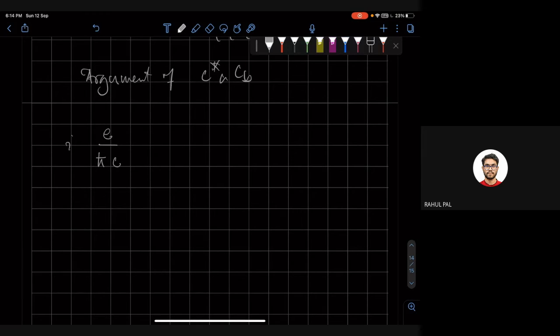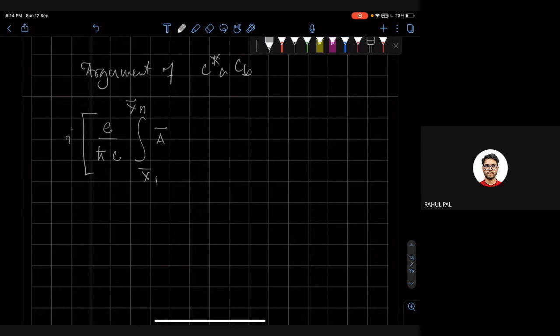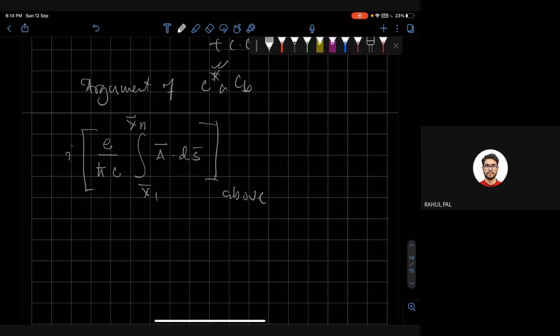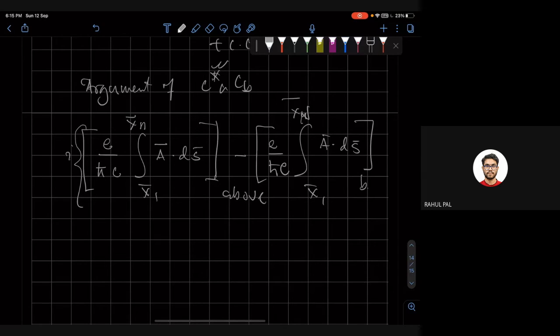Well, there'll be an i here, and then inside there'll be an integral from x1 to xn, and A would be given by above. And because of the complex conjugation, there will be a minus sign here, and there'll be e divided by h bar c, and then integral from x1 to xn, and then A dot ds below.